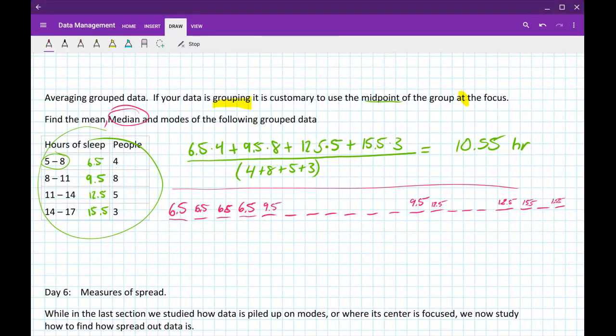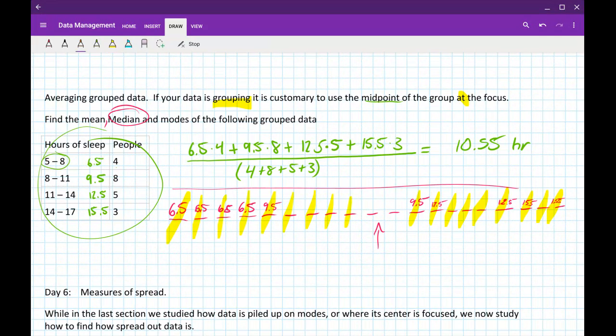And now basically the middle would be somewhere around here, right? So we can count 1, 2, 3, 4, 5, 6, 7, 8, 9, 10, 11, 12, 13, 14, 15, 16, 17, 18, 19, and 20.